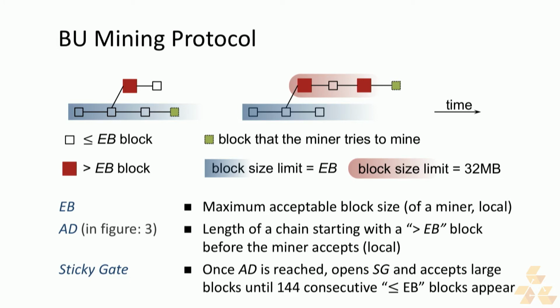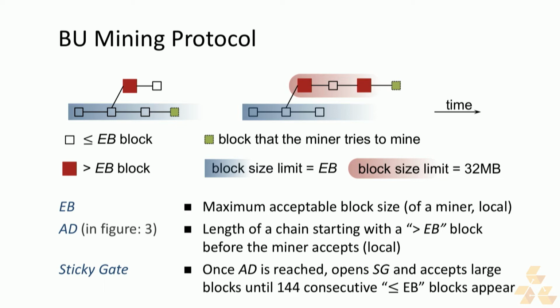Moreover, once AD is reached, the miner opens a sticky gate and accepts large blocks until 144 consecutive small blocks appear. In the left figure, as you can see, there is a larger than EB block.